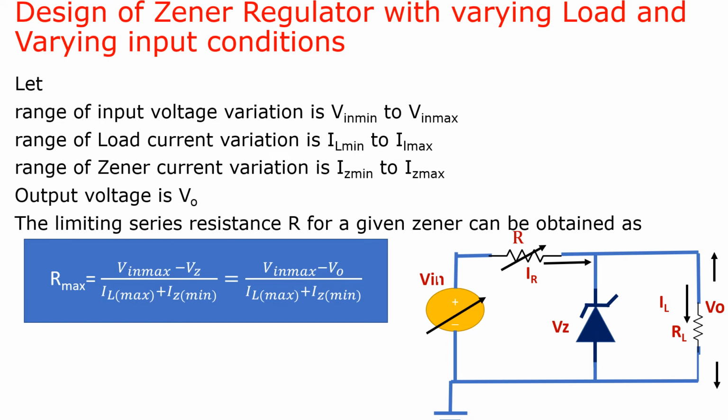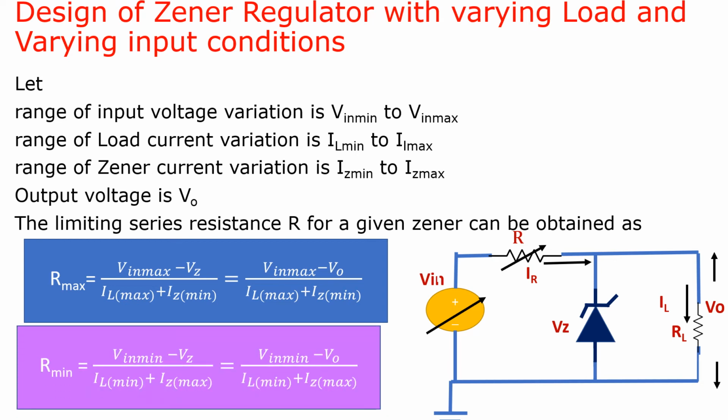So Vin max minus Vz is the voltage difference across R, and IL max plus IZ min is the total current flowing through the resistor R. In the second case, to find the minimum resistor value, we will consider the minimum input voltage and the sum of the currents, the minimum load current plus the maximum Zener current. So this will give the minimum series resistor value.